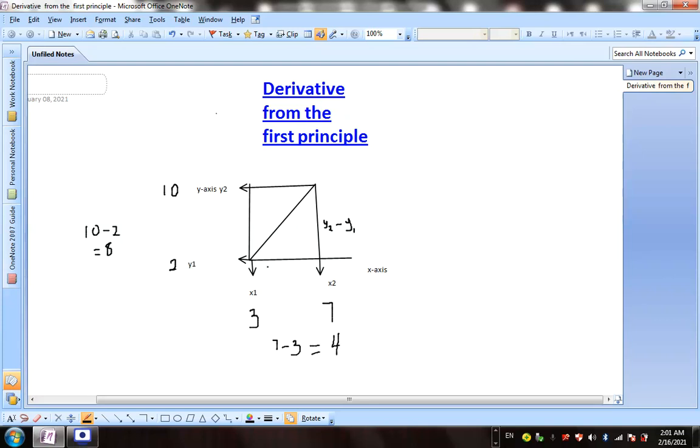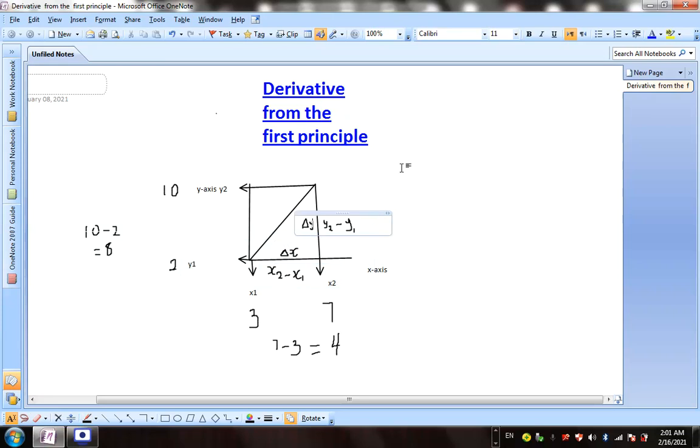And here also we say x2 minus x1. So this is referred to as the change in x or increase in x. So we have dx and here we have dy as in change in y.